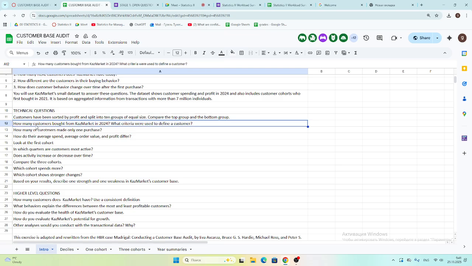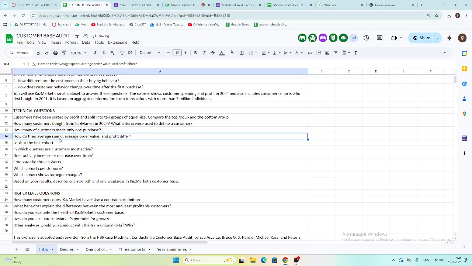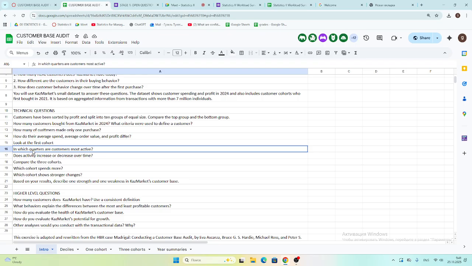How many customers bought in this year and how many customers made only one purchase? Calculate average revenue, average order value, average profit. Look at the first cohort, number one. Look at the historical data.